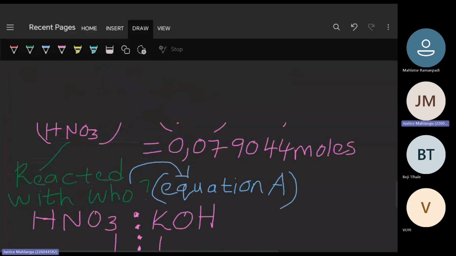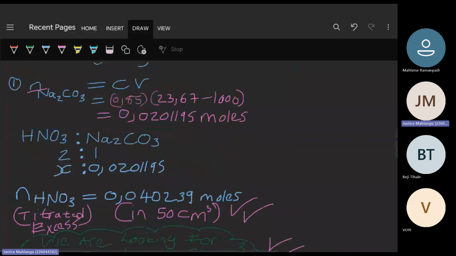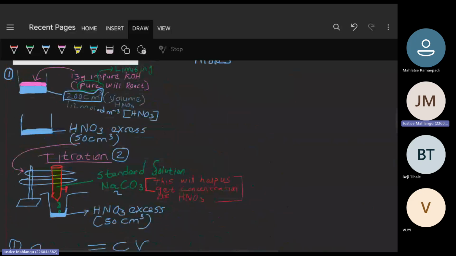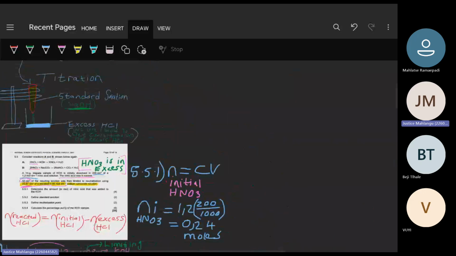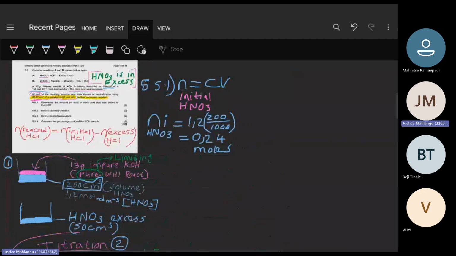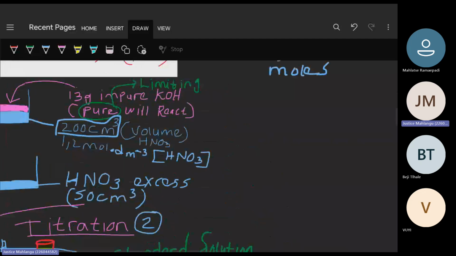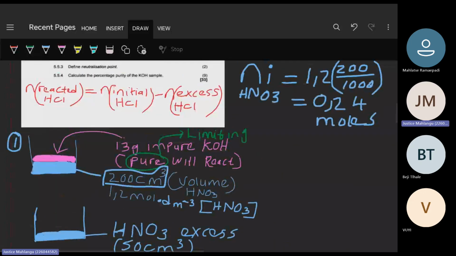Please focus, guys. Look at the first beaker. In the first beaker, 13 grams of impure potassium hydroxide is added. Only the pure will react. It will react with who? Look at equation A.